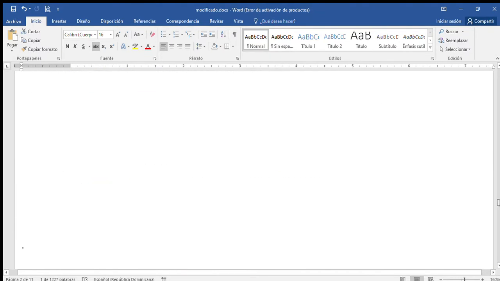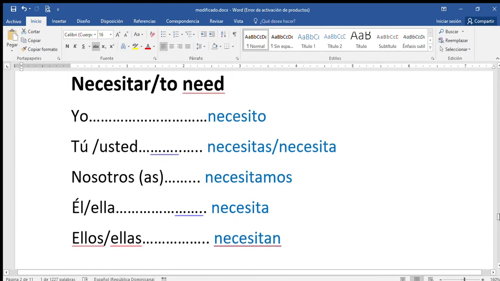You have the verb necesitar, to need. When you say "necesitas," like you already saw, you are talking about tú. So if you say "necesitas descansar," you don't have to say "tú necesitas descansar." You can say it, but if you don't, people will anyway understand.